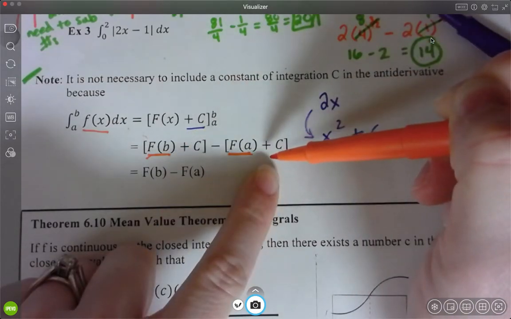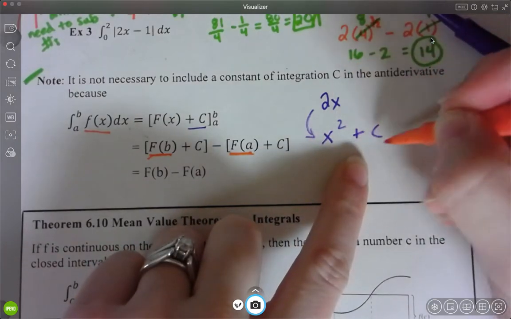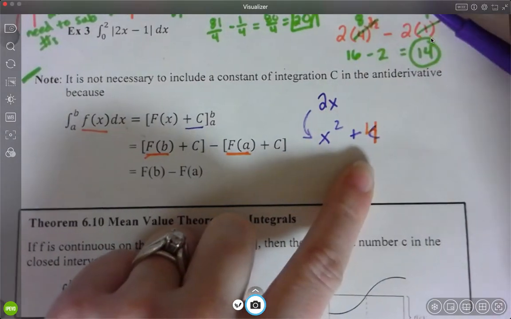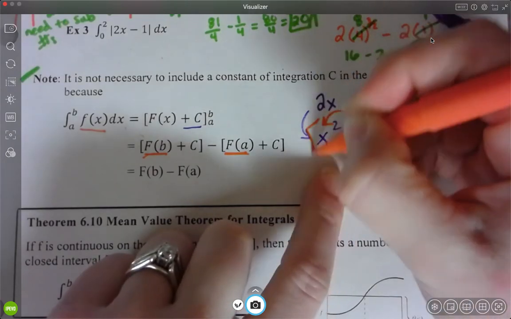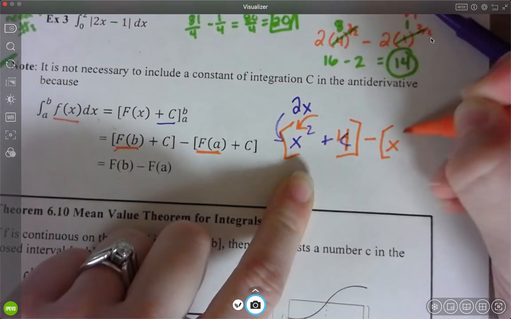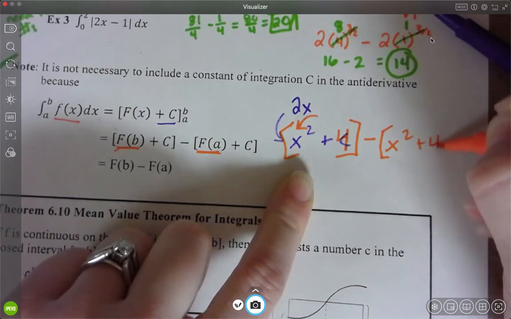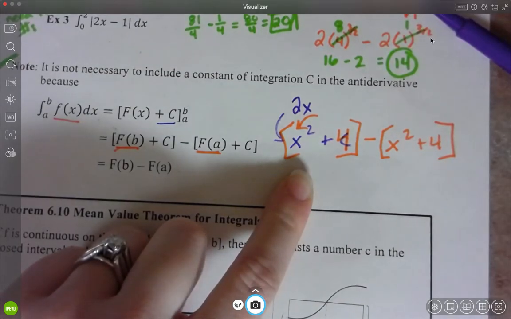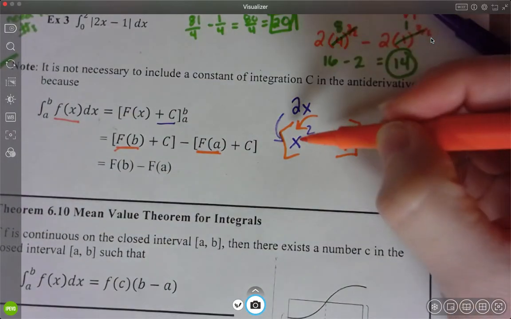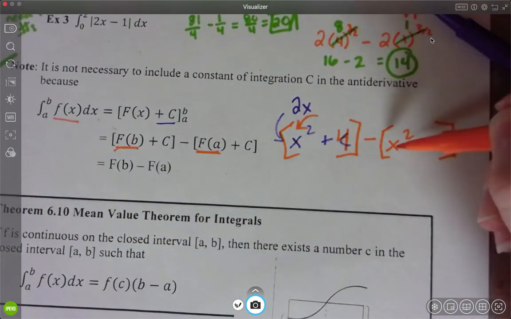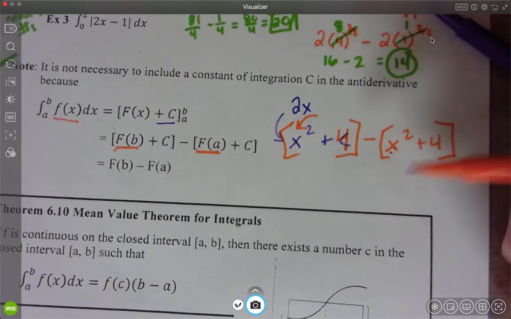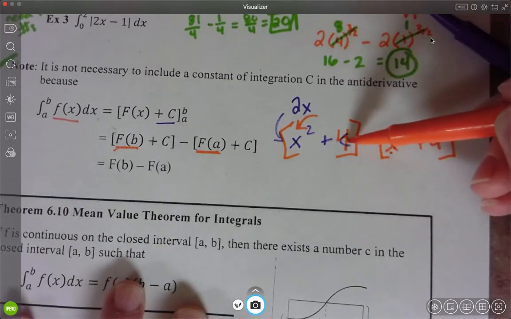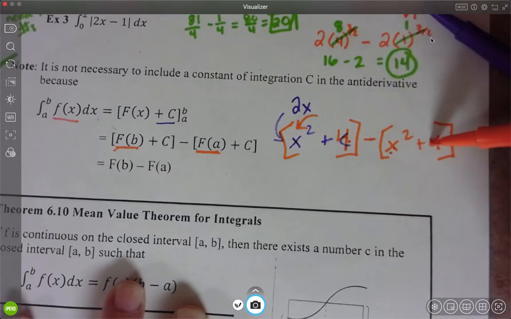Like it would be x squared plus, let's say, 4, and I would plug my first number into here, and I would subtract what I get when I plug in x squared plus 4, the second number. So let's say this was my antiderivative, and I'm plugging my top number in for x here, and my bottom number in for x here, and I would get an answer. But what's going to happen is you see the 4 minus the 4.